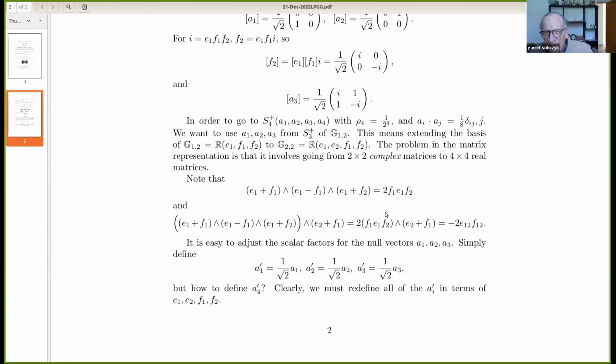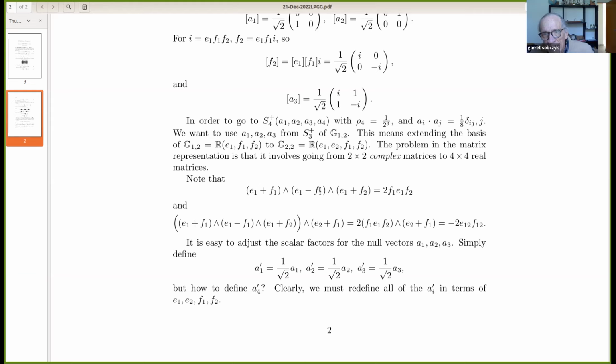But notice here now, we use E1 for defining the null vector A1, E1 defining the null vector A2, and for A3, we have E1 plus F2, so that they all use E1.